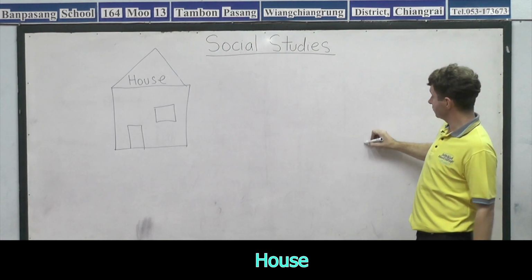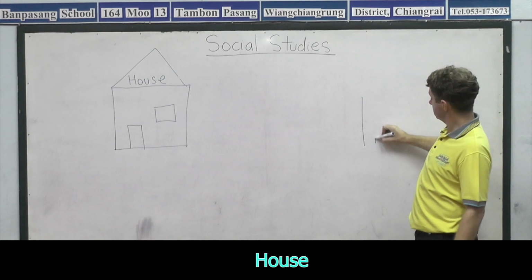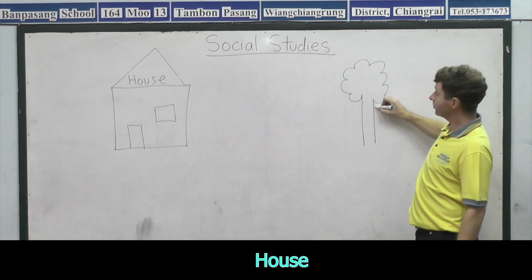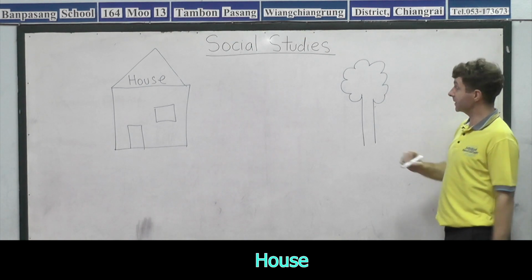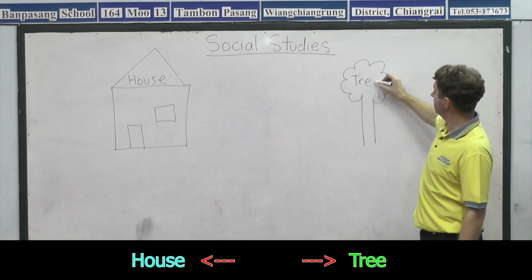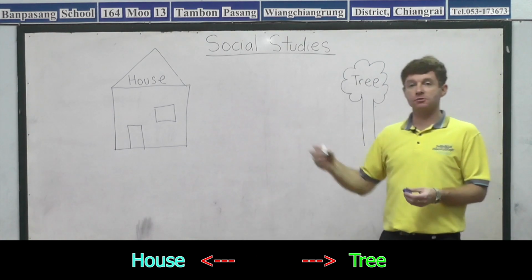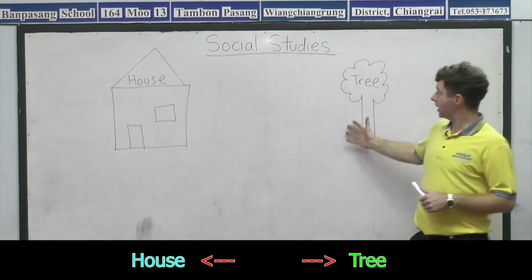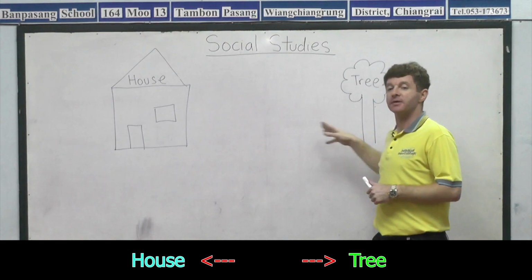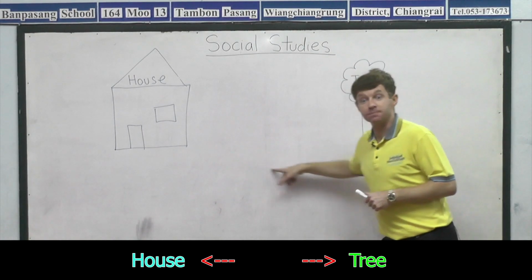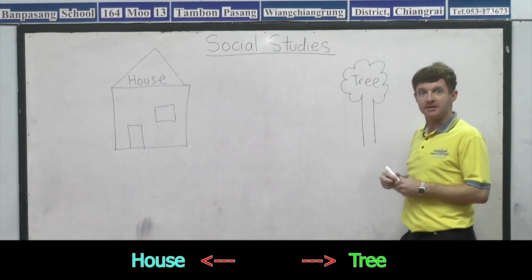And here we will draw a tree. How do we spell tree? T-R-E-E. House. Tree. And what do we call the gap in between? We have a space.